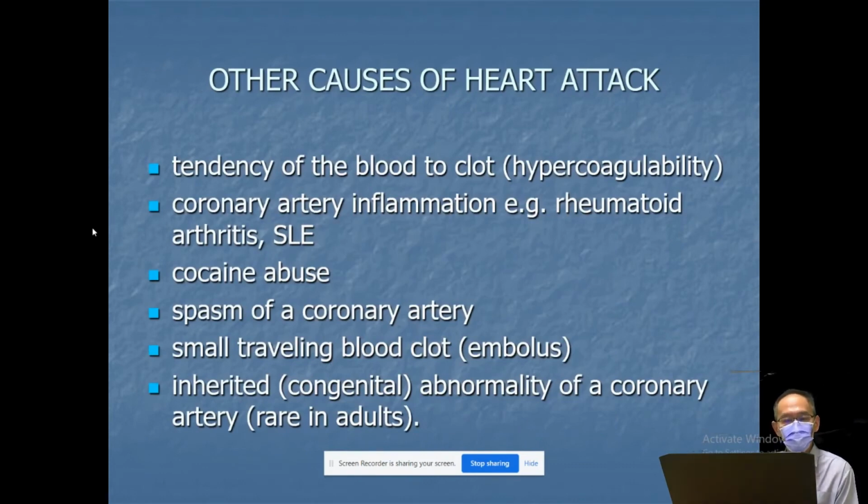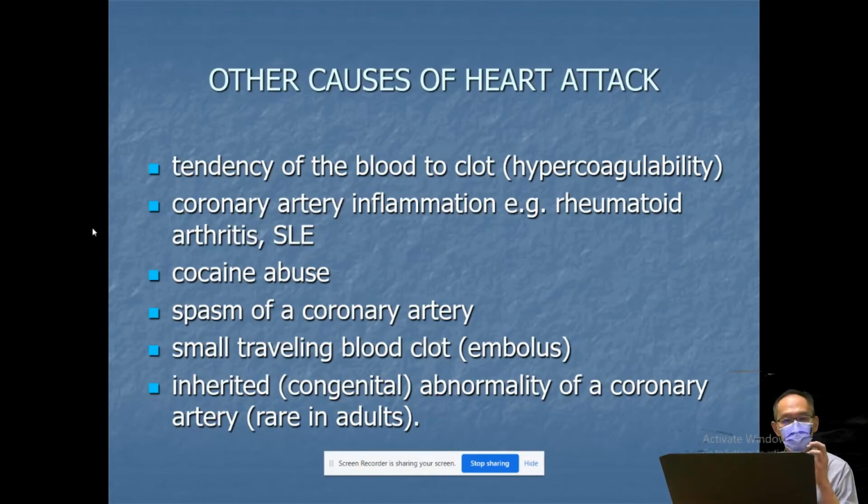Other causes besides arteriosclerotic plaque include blood that tends to clot, for example in leukemia patients or patients with high red blood cell counts. Or the artery itself can become inflamed, due to conditions like SLE, rheumatoid arthritis, cocaine abuse, and certain syndromes.